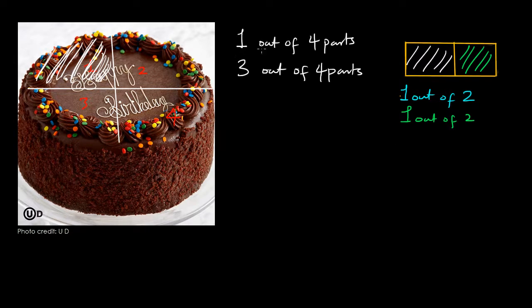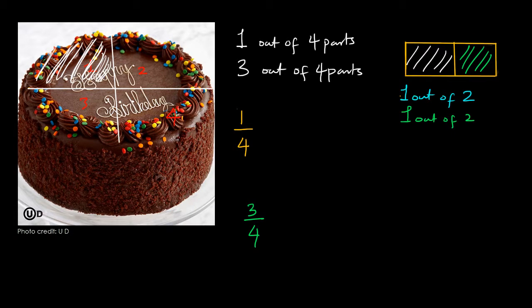Instead of writing this sentence like one out of four parts or three out of four parts, why don't we do this? Why don't we say one out of four parts could also be written as one out of four. This is simpler than writing one out of four parts. Instead of writing three out of four parts, we can also write that as three out of four.